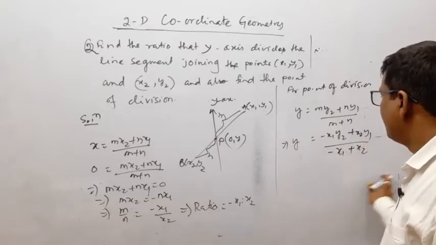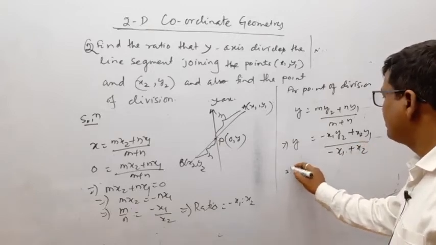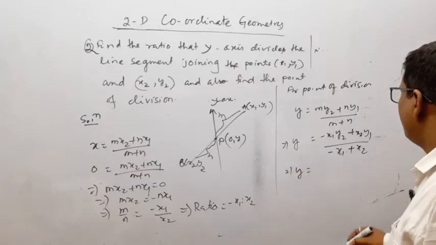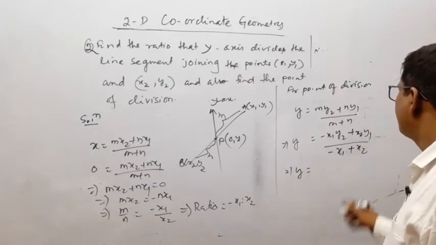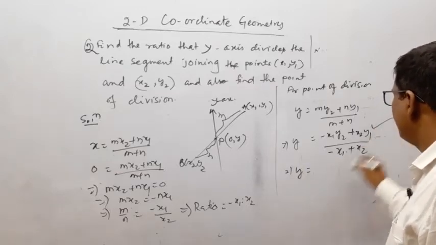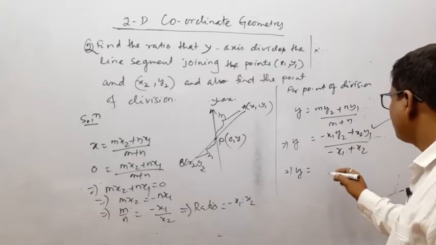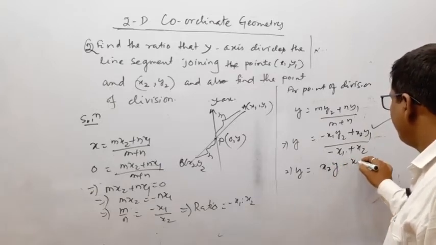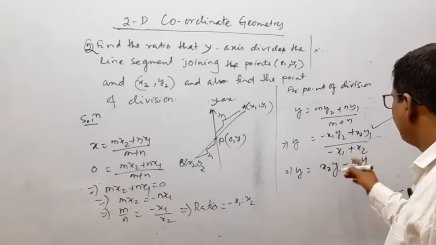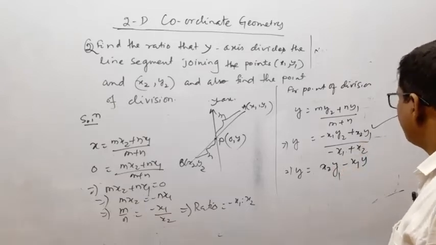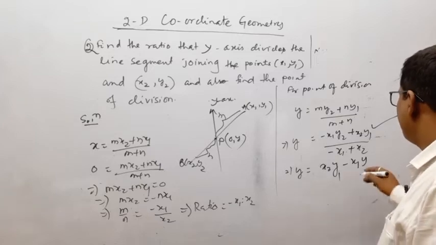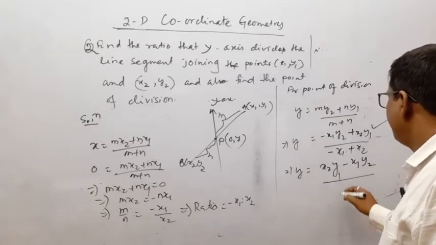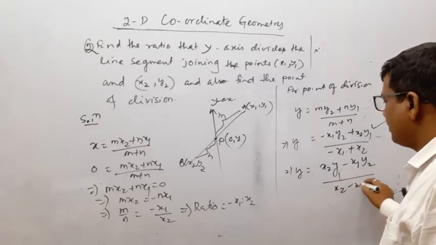So y is equal to, write first this term, x2 y1 minus x1 y2, divided by x2 minus x1.